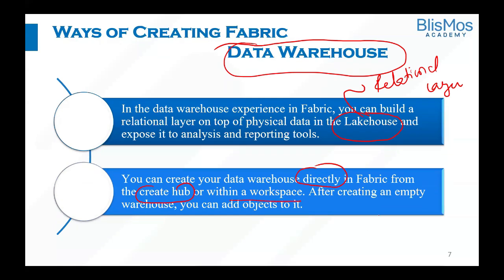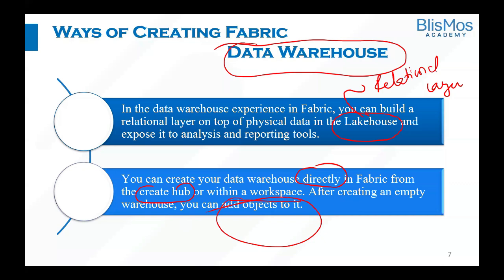Okay. Once we create a data warehouse, we can go on adding the objects to it. Two ways. If the lakehouse is there, build a relational layer on top of that and create a data warehouse, or you can create the data warehouse directly by using a create hub or within the workspace. These are the different ways.